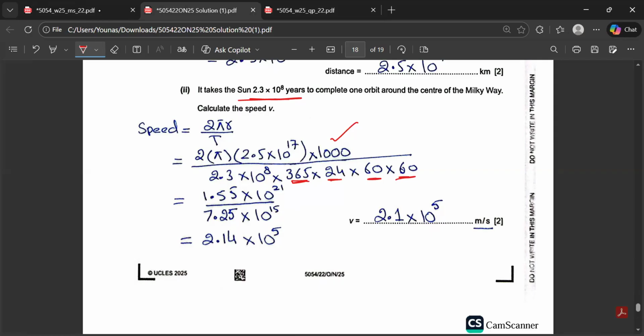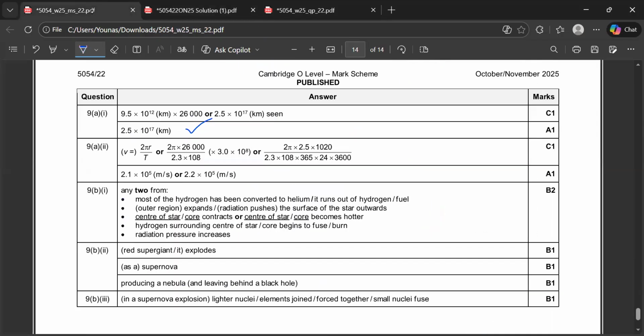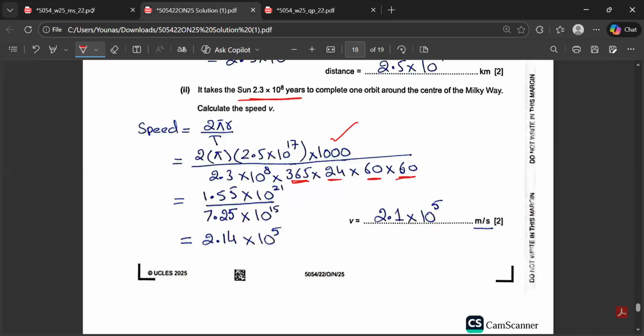So you will get 2.1 × 10^5 meters per second. 2.1 × 10^5 meters per second is the right answer, sir. I hope you understand. The formula for the orbital speed is circumference divided by the time, and that is 2πr divided by time.